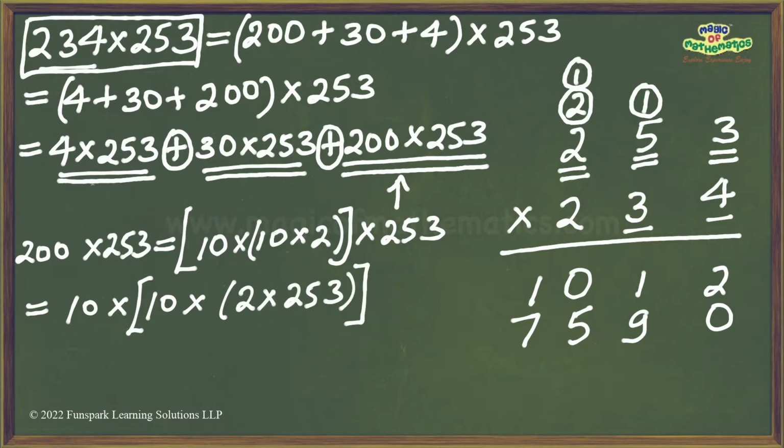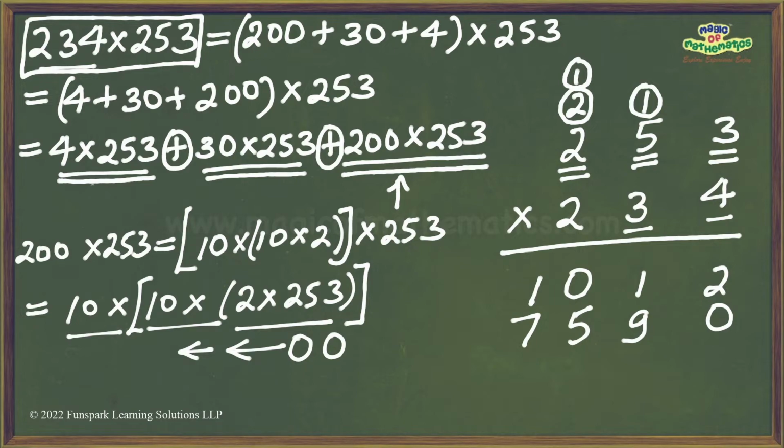So all I need to do is find out what is 2 times 253, shift the result to the left by one place and put a 0 in the vacant units place to account for this 10 times. Again shift one place to the left and put a 0 in the vacant units place to account for this 10 times.